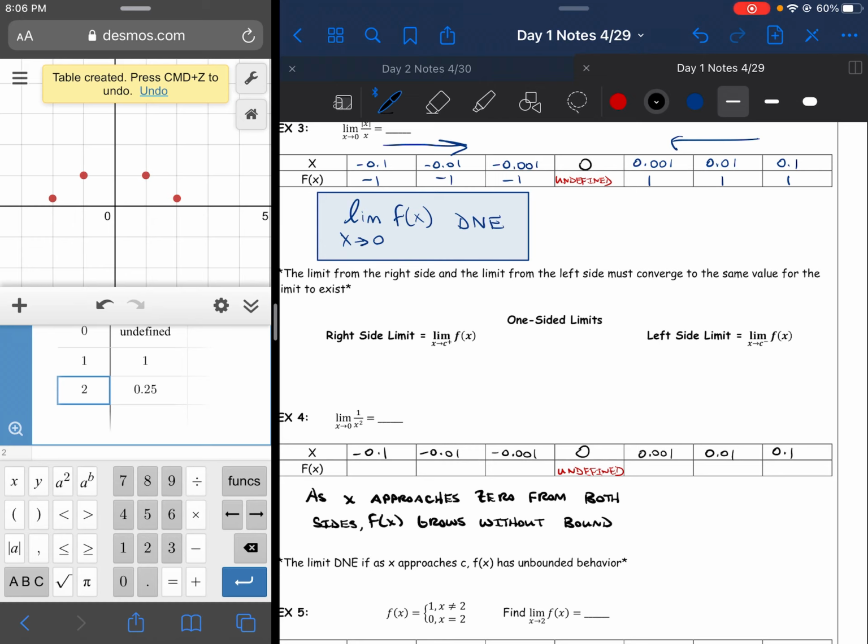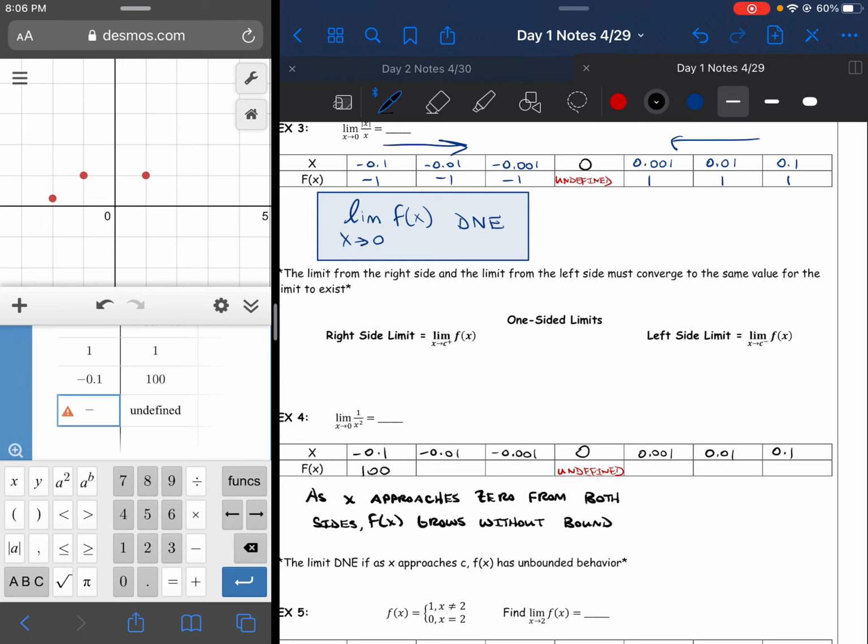So let's go negative 0.1. We get 100. Let's go negative 0.01. We get 10,000.